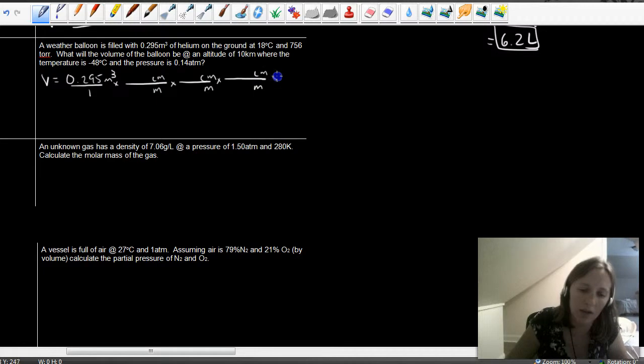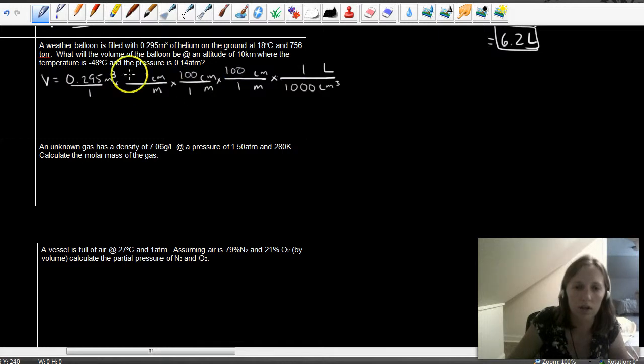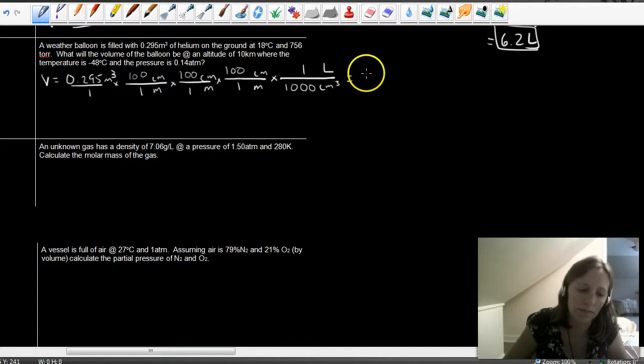And then you need to remember that since we're converting to liters, there's 1,000 centimeters cubed in a liter, and there's 100 centimeters in a meter, and that's going to give us what our answer is, 295 liters. So there's V.